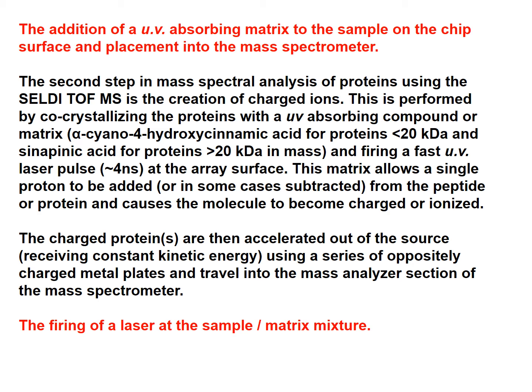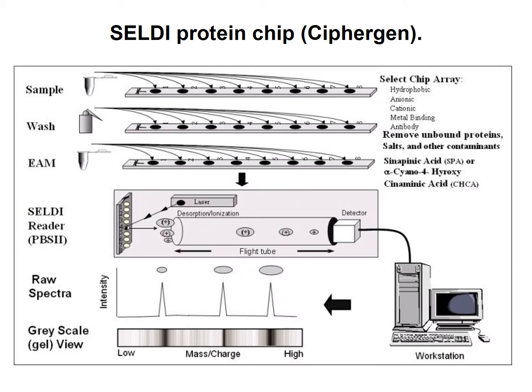And that matrix allows a proton to be added from the peptide or protein, and it causes it to be charged and ionized. And the charged proteins are accelerated through a series of different plates and travel through the mass spec in the machine. Okay, so the firing hits the sample, the little spot, and then you're doing this MALDI-TOF, or other kinds of mass spec analysis here.